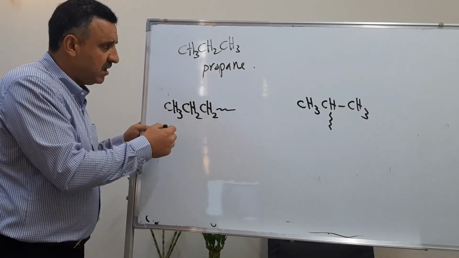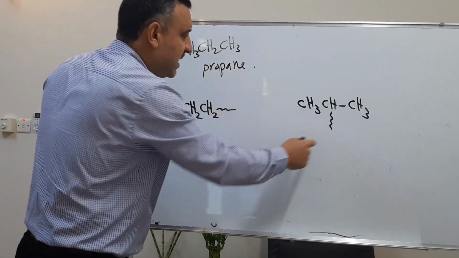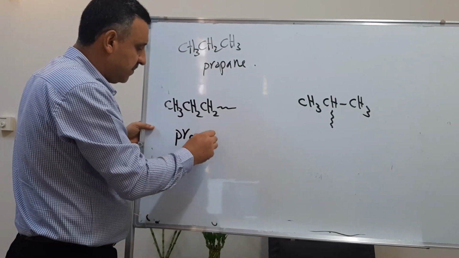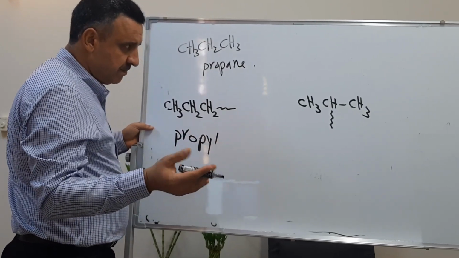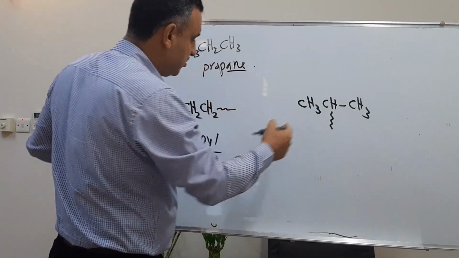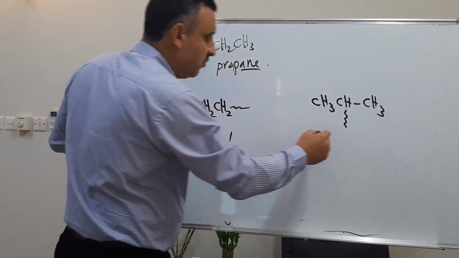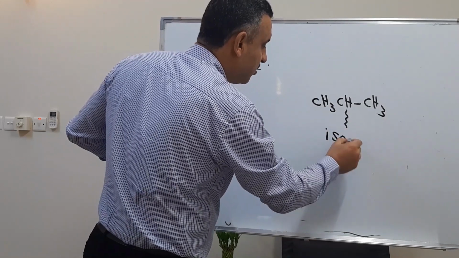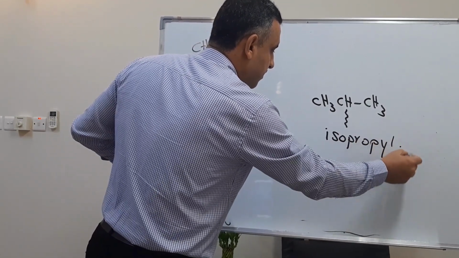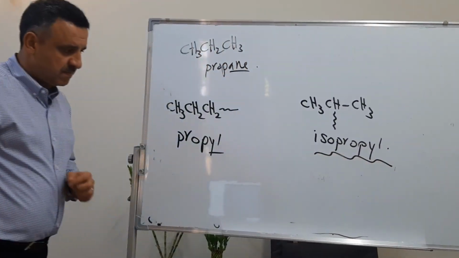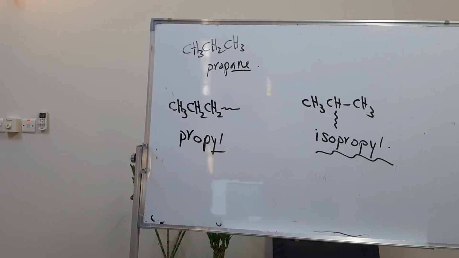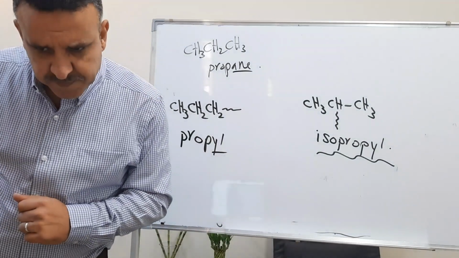In order to distinguish this from that, we will call this propyl or n-propyl, just propyl. Here we just replace the "ane" with the "-yl". But in here, in order to distinguish it from the propyl, we will call it isopropyl. Do you follow me? Any question?